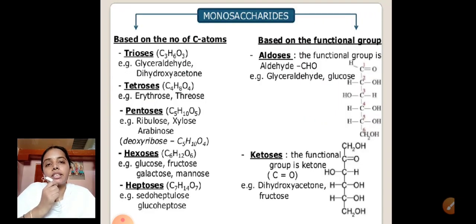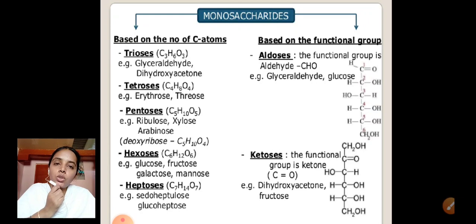Monosaccharides, based on the number of carbon atoms, are classified into trioses, tetroses, pentoses, hexoses and heptoses. The example for trioses is glyceraldehyde, for tetroses erythrose, and for pentoses ribose, ribulose and deoxyribose. Ribose and deoxyribose are the pentose sugars present in RNA and DNA. Hexose examples are glucose and fructose. Heptose is sedoheptulose.